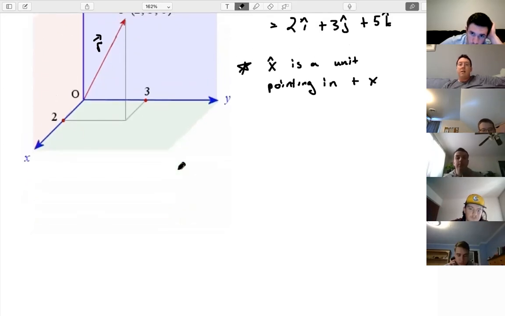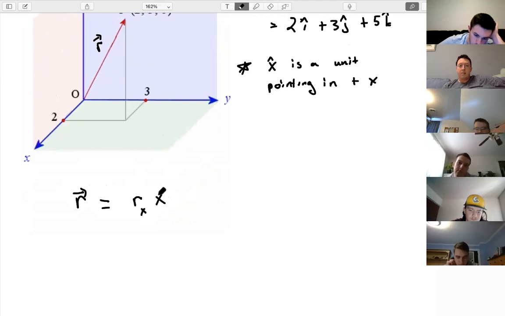If you have a general vector, just some random amount, you would write it as r sub x in the x direction plus r sub y in the y direction plus r sub z in the z direction. Okay.